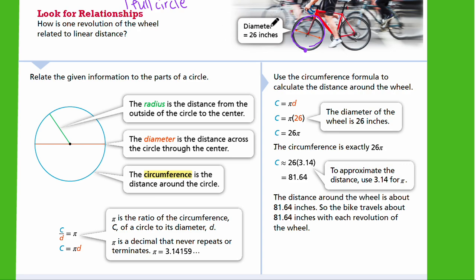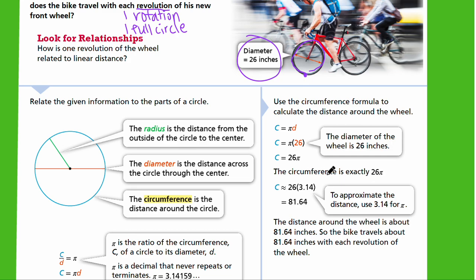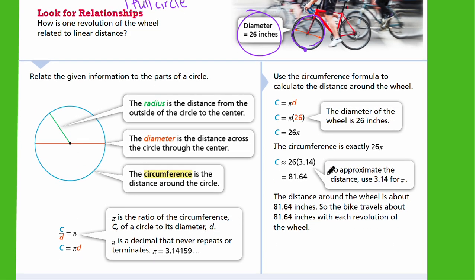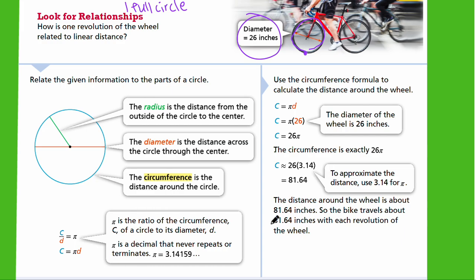But here we already know the diameter is 26 inches. So if we multiply that with a pi, we would get approximately 81.64. So we know that one full revolution will have Mark travel about 81.64 inches.